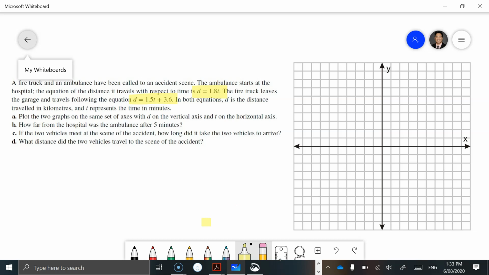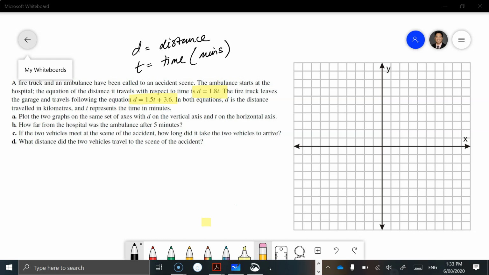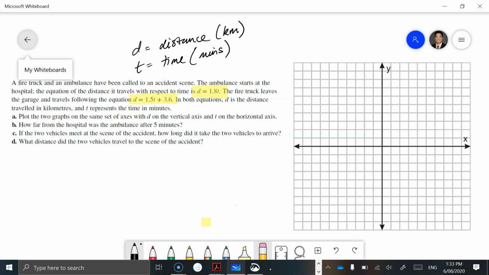In both equations, d is the distance traveled in kilometers and t represents the time in minutes. Okay, so first thing, d is distance and t is time in minutes. So I've highlighted the things that I need and I've jotted down some points that I need to understand as well. And distance is in kilometers.